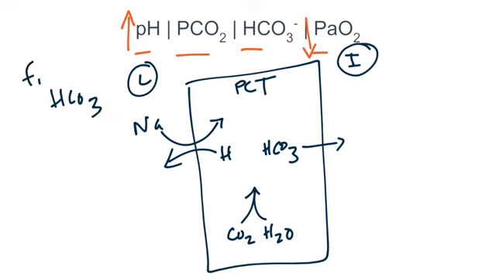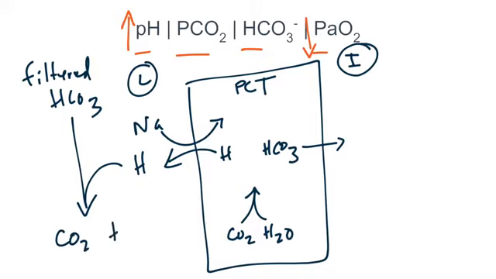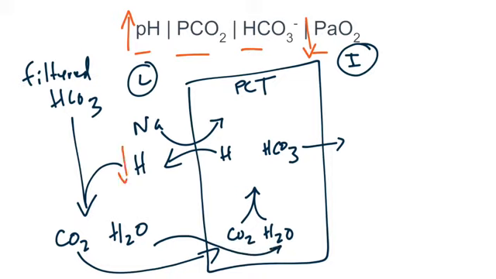The filtered bicarb reacts with the acid to form carbon dioxide and water, which then diffuse into the proximal convoluted tubule. We can see that a drop in free hydrogen ions in the lumen of the nephron will allow more bicarbonate to escape reabsorption. In other words, the bicarbonate excretion will increase, resulting in a low bicarbonate concentration in the blood.